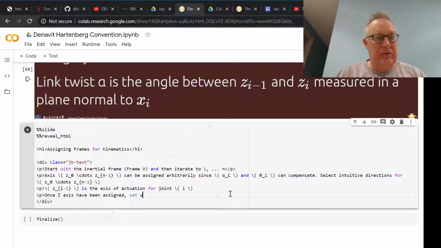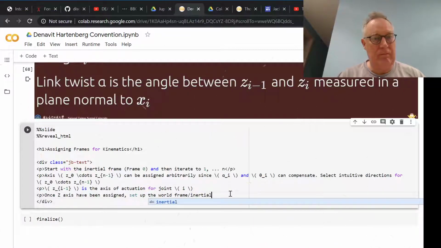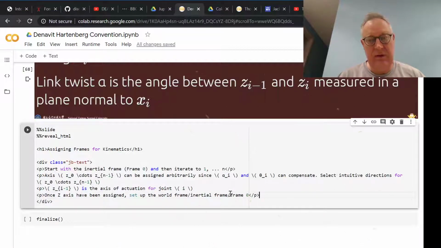We can then set up the world frame, inertial frame, the world coordinate system, frame 0, that all means the same thing.